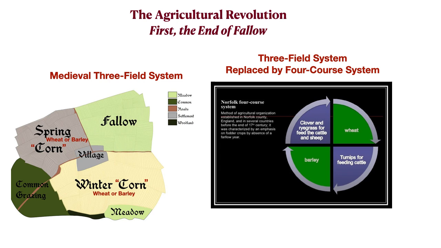And that is gradually replaced by a 4-course system, trying to bring all the land that's possible into cultivation and not have any fallow, to go from a wheat crop and to one of turnips. Pretty lowly vegetable, if you will, but the turnips were used for feeding cattle.